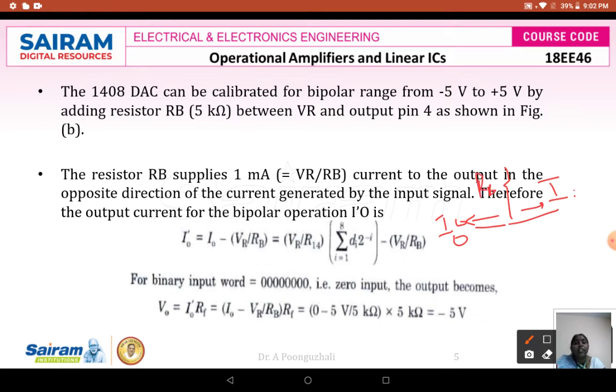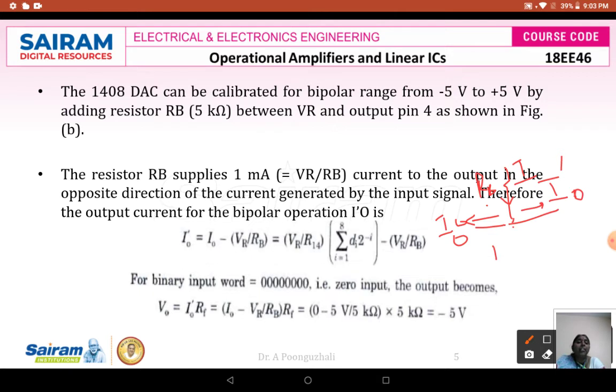So if I'm going to take it as I1, and apply my KCL, here in this case, this I naught dash is going to be the output current there. So this is the I current because of this resistance RB.